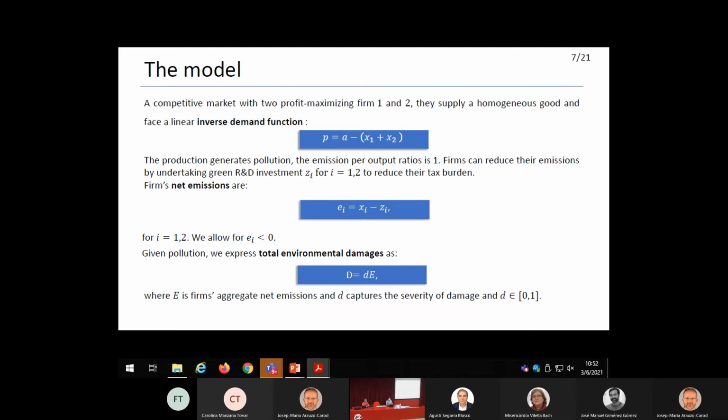Okay, thanks for your comment. D is in fact constant in the model. It's always constant when we look at it. When we vary D, it's constant for all firms. When we vary D, we are thinking about whether in this sector environmental damage is higher or lower.